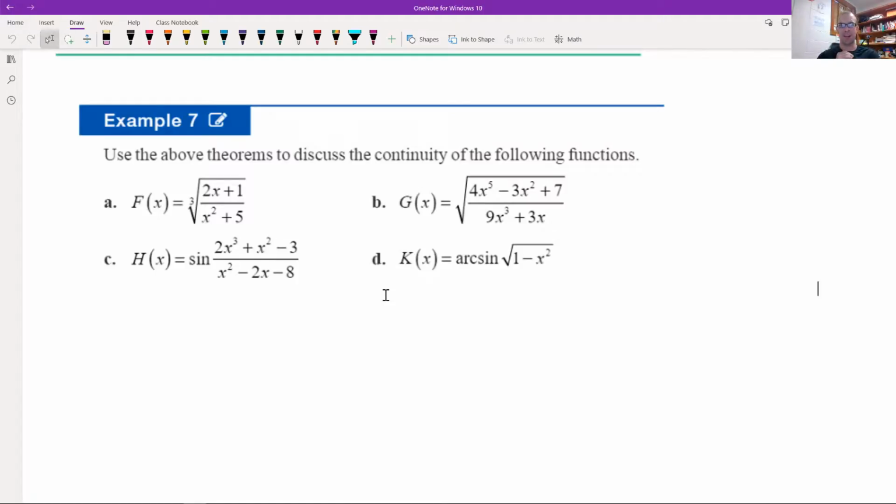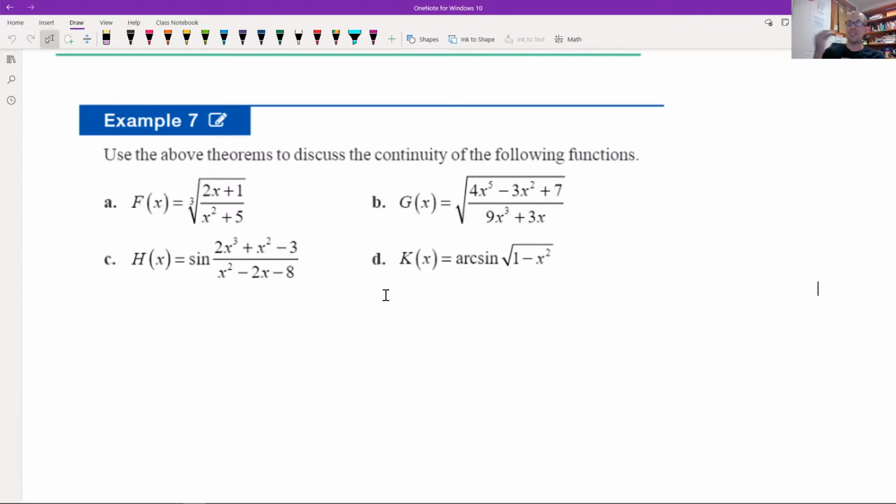Pretty much everywhere here, I see function composition happening. For part A, in our function f of x, we have a cube root function on the outside and then a rational function on the inside. And we know that a rational function is going to be continuous everywhere.